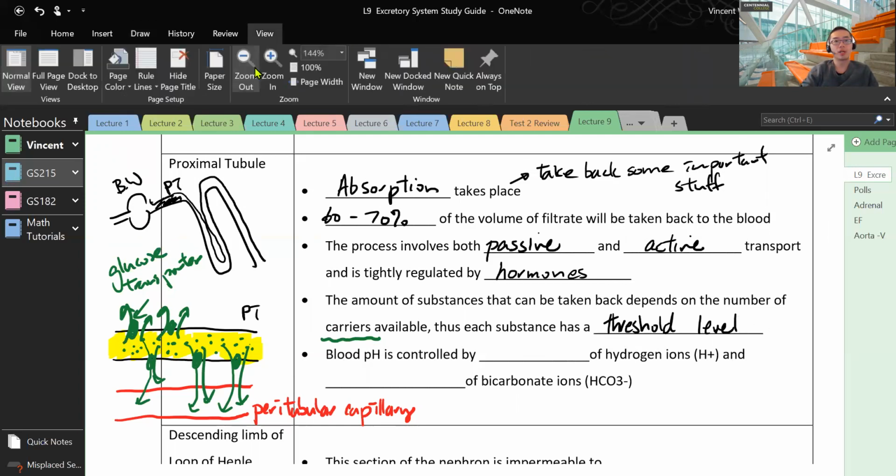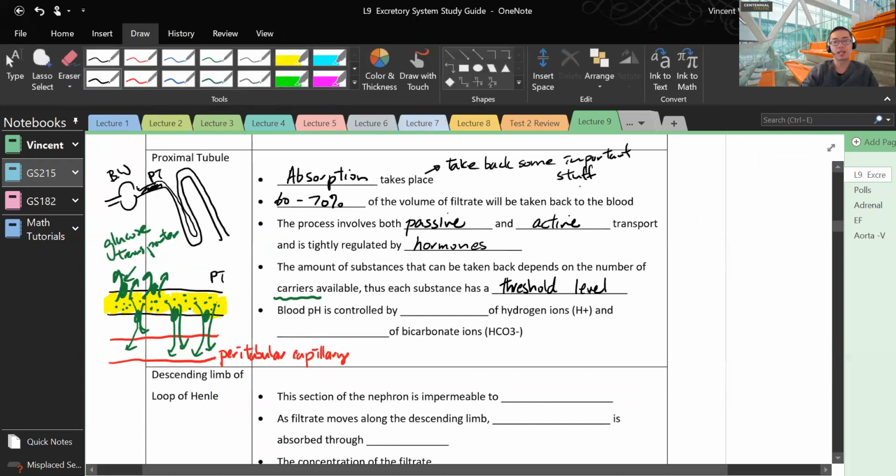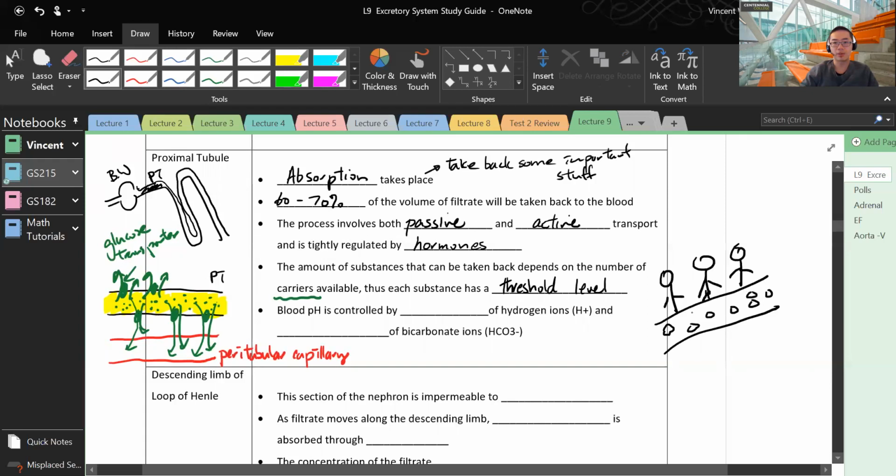One way to think about this is to think of people working on a conveyor belt. Let's say we have some people here at a conveyor belt, and let's say these are, I don't know what they are, like potatoes or something. Their job is to pick out the bad potatoes. If all of them are working as fast as possible, and there are so many bad potatoes to pick, eventually they will not be able to catch all of them, right?